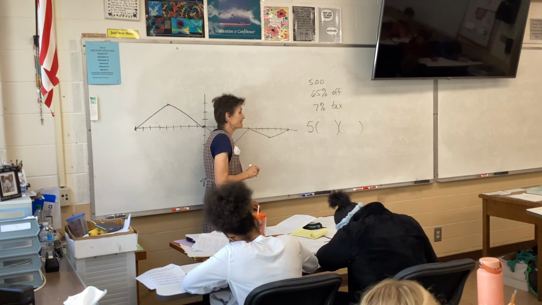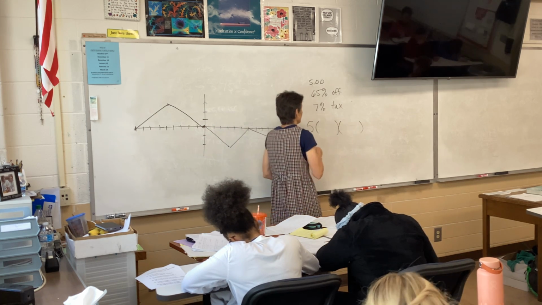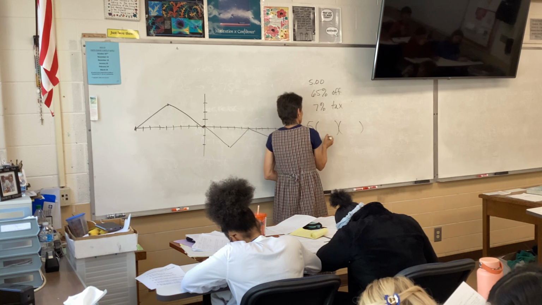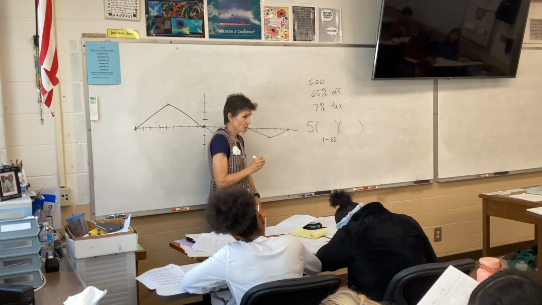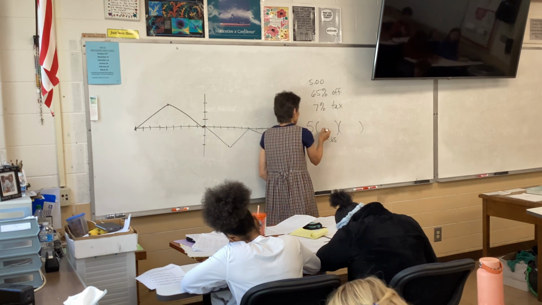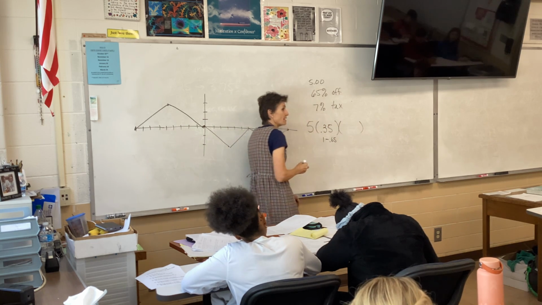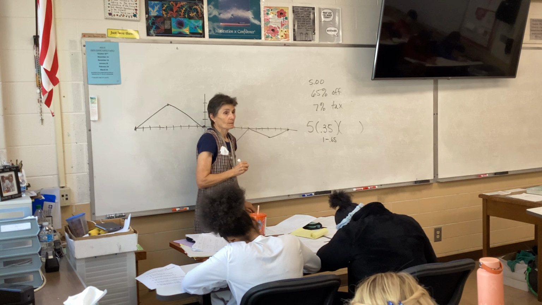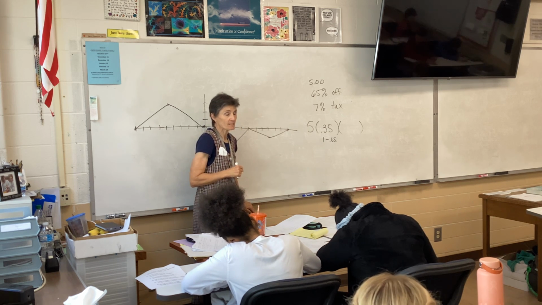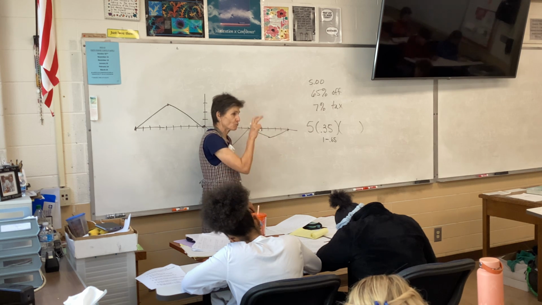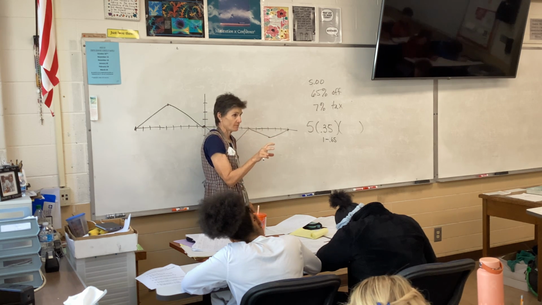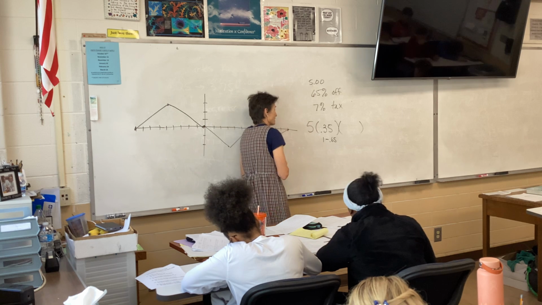If it's 65% off, then that's 1 minus 0.65. In other words, I am paying 35% of that. I'm not paying 65%. Since it's a discount, it's 100 minus 65, or 1 minus 0.65.